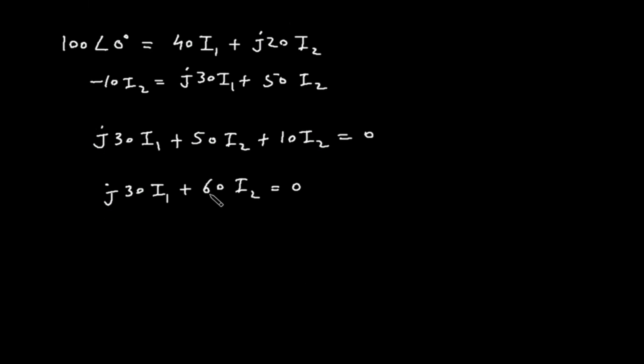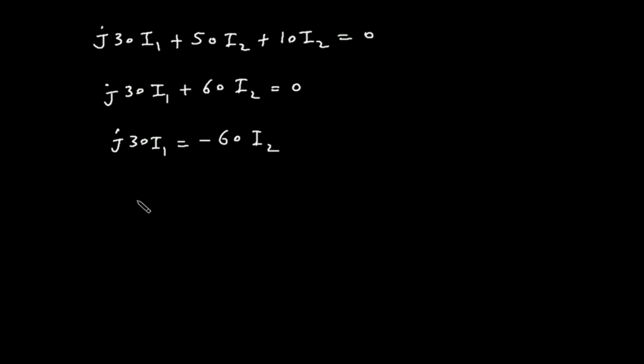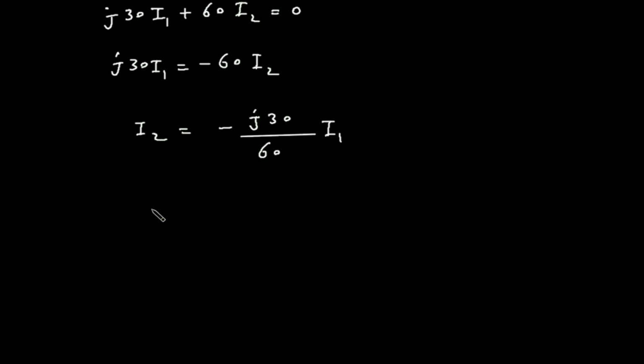Now, if we take this 60 I2 on the right side, this will be j30 I1 is equal to minus 60 I2. And this will be I2 is equal to minus j30 divided by 60 and I1 as it is. Now, this will be I2 is equal to minus j, and this will be 1 by 2 or 0.5 I1. So, this is the value for I2.